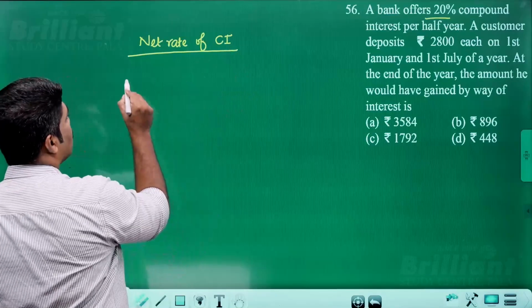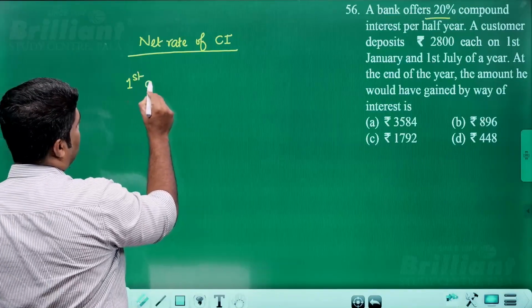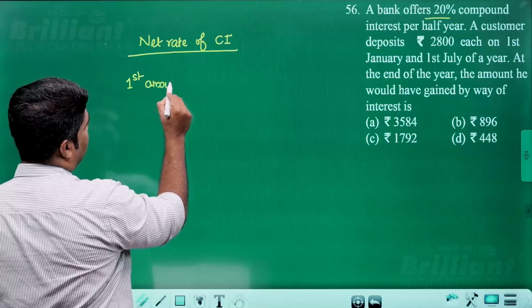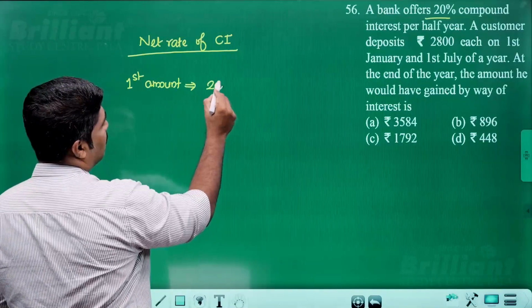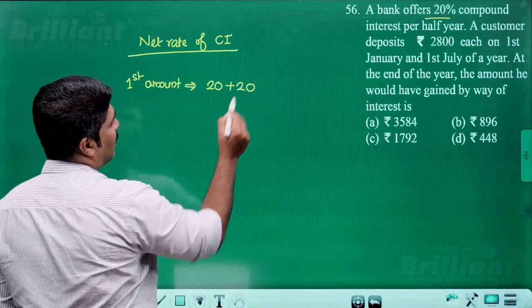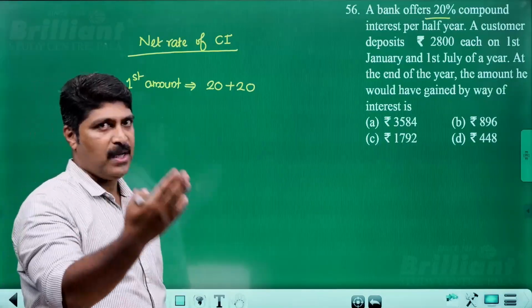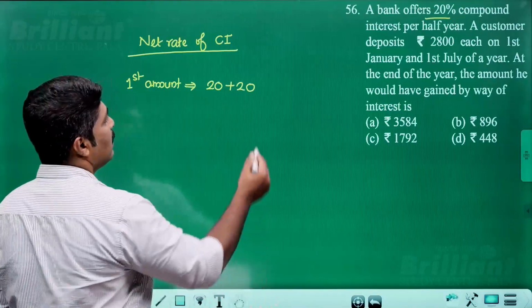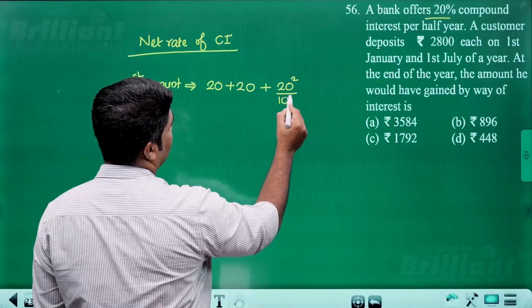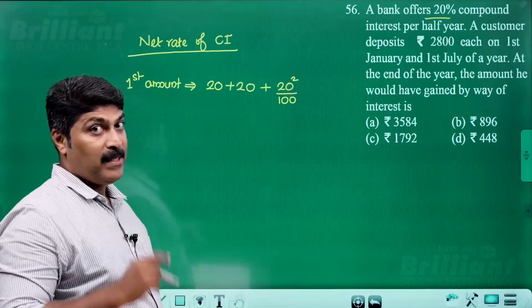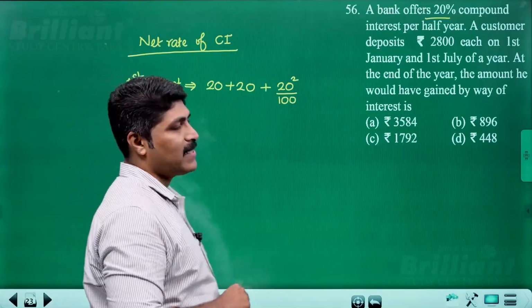On the first investment, what happened here? 20% two times successively, because the first half year is there and the second half year is there. Then you can apply the result 20 plus 20 plus 20 into 20 by 100. That's the successive variation. We already discussed that point.